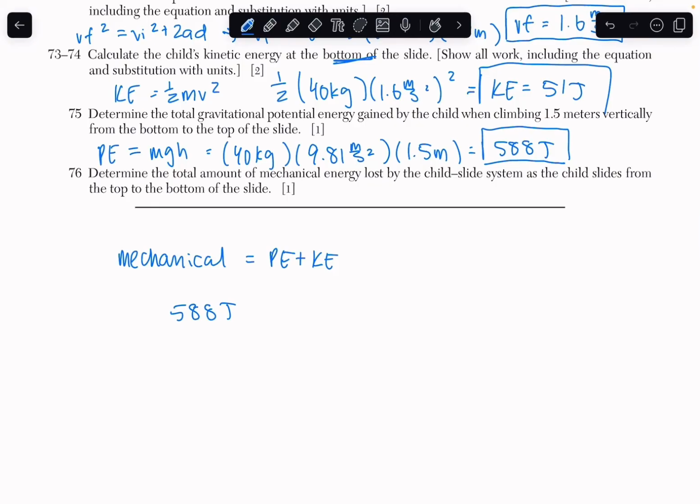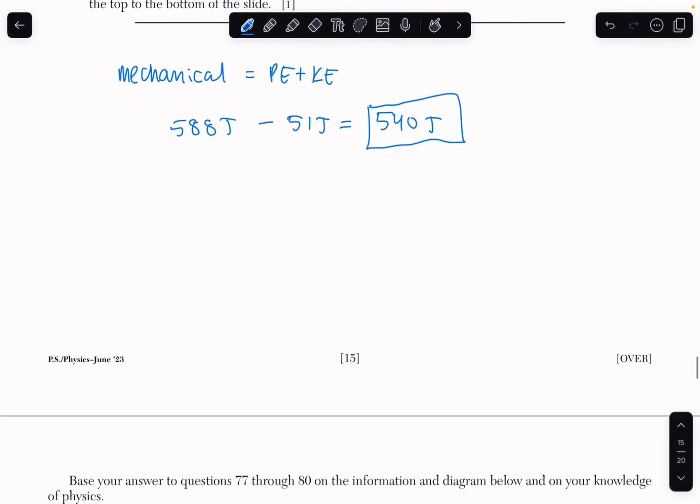So they're kind of like opposites. So if you have one thing, the other is reversed. So we have to negate one of them. So let's negate or just subtract KE, minus 51. And you're going to get about 537. But we're just going to round that to 540 joules. That is the amount of mechanical energy lost.